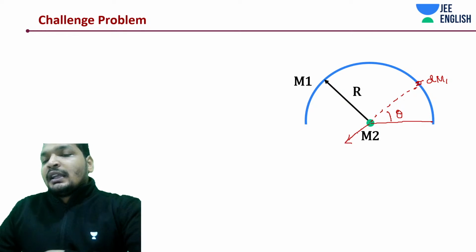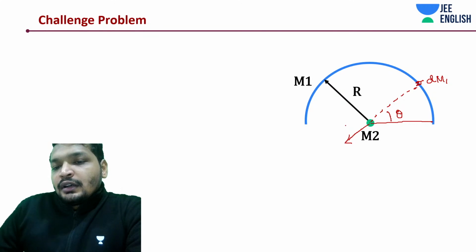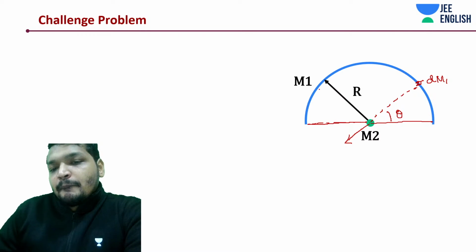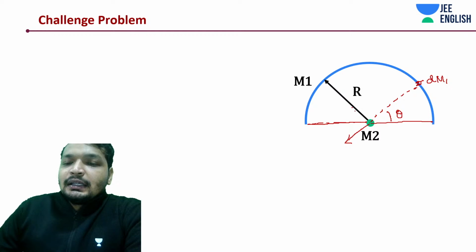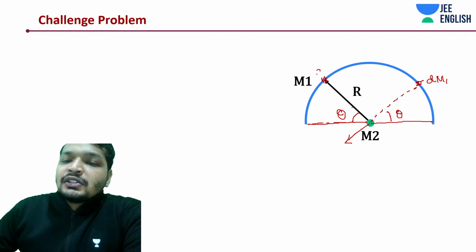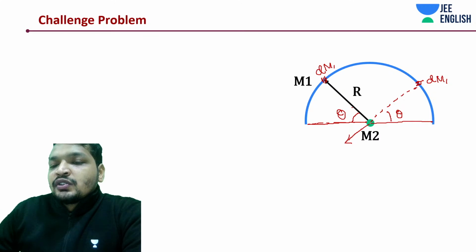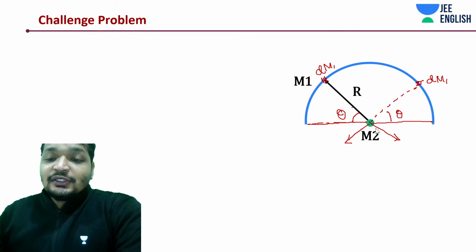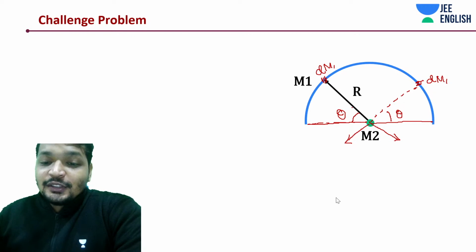Similarly, on the other side of theta, let's say there lies an elemental mass of the semicircular ring, which is also dm1, which is also applying some force in this direction. Sorry guys, I tend to do this. It's an attractive force.